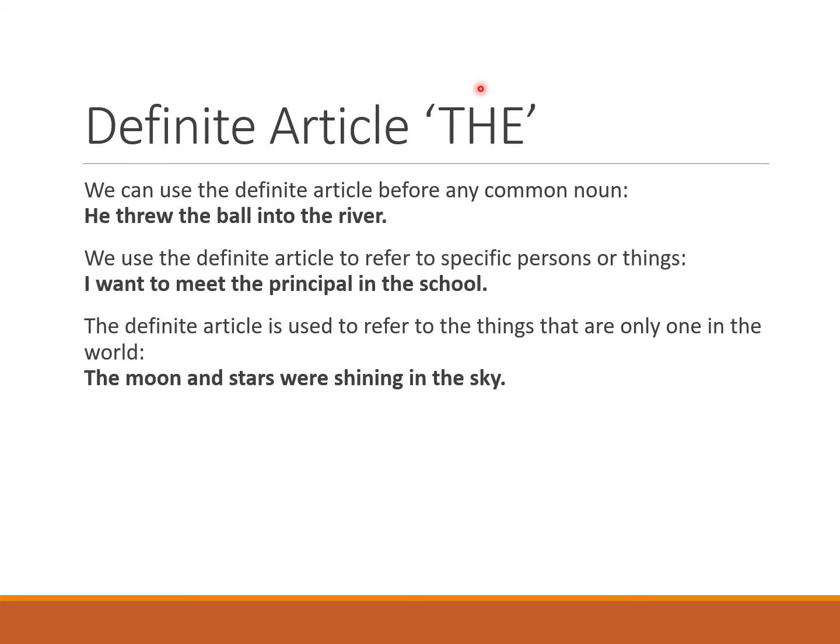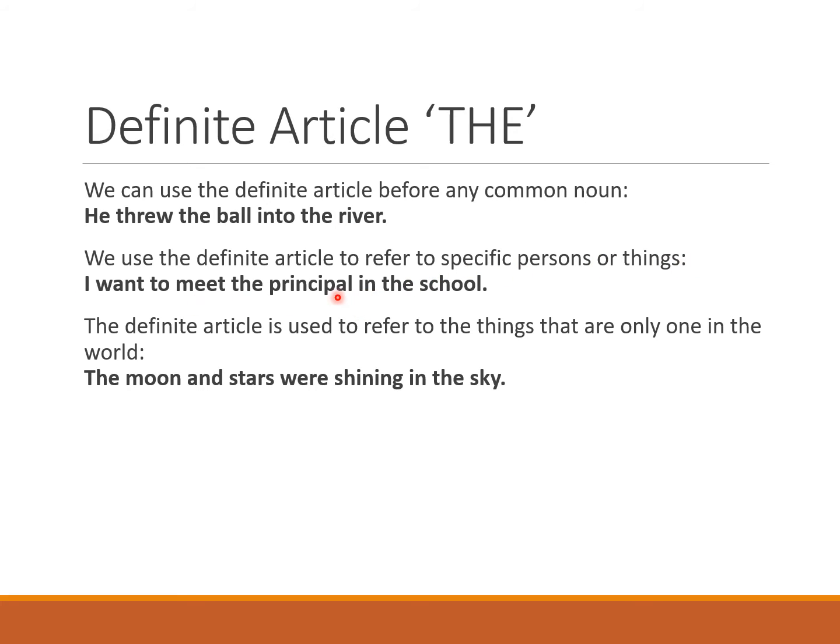We are going to see the usage of the. We can use the definite article before any common noun. He threw the ball into the river. River is a common noun and ball is also a common noun. We use the definite article to refer to specific persons or things.